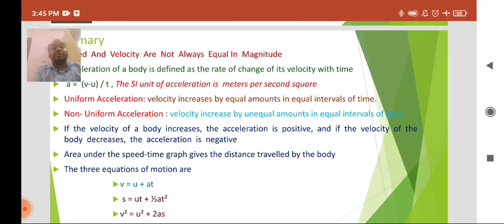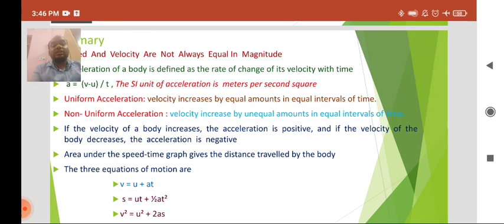Uniform acceleration means the velocity increases by equal amounts in equal intervals of time. Non-uniform acceleration means the velocity increases by unequal amounts in equal intervals of time. If the velocity of the body increases, the acceleration is positive, and if the velocity decreases, the acceleration is negative. The area under the speed-time graph gives the distance traveled by the body.